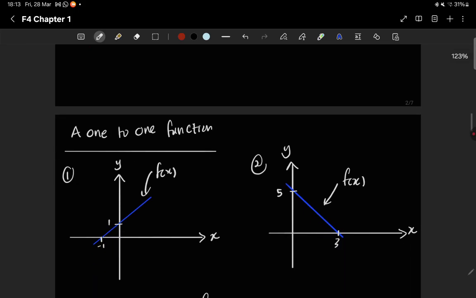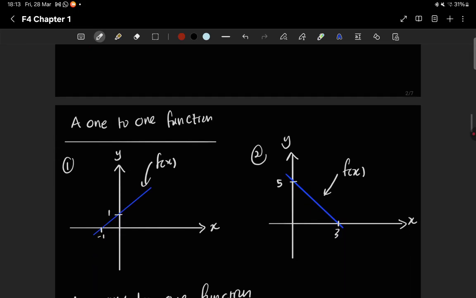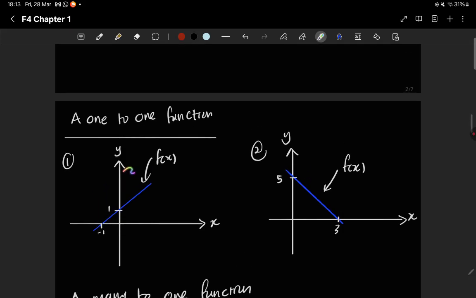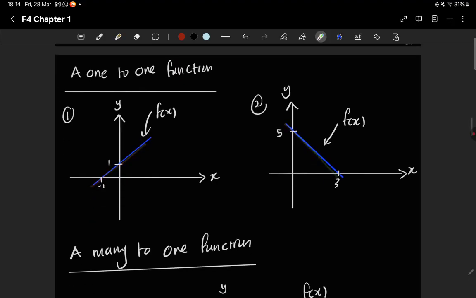Okay, so let's try to visualize what a one-to-one function really looks like. These are two examples of a one-to-one function. It's just like a straight line. I give two examples here, one with a positive gradient and one with a negative gradient.